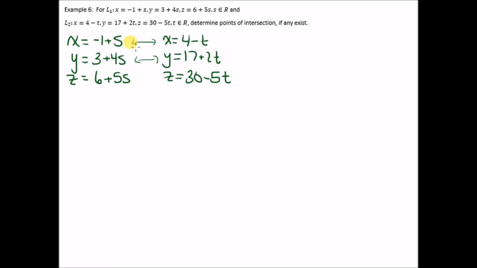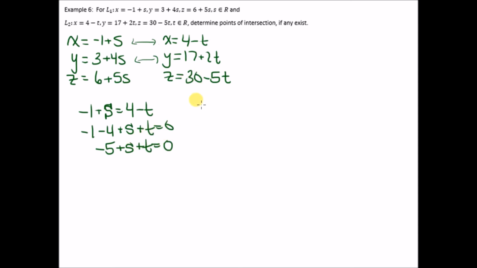I don't even look, I just do x and y. Okay, so let's go ahead and go -1 plus s equals 5 minus t. I usually put s's like that. -1 minus 5 plus s plus t equals 0. So I get -6 plus s plus t equals 0.